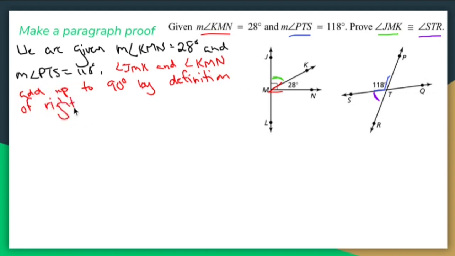No, let's not say right. Let's say complementary angles, because right angles implies one angle. So let's say by definition of complementary angles. Complementary angles is just more proper.